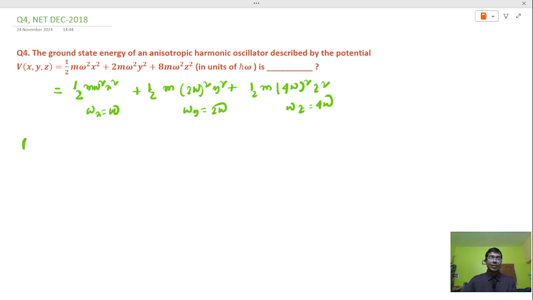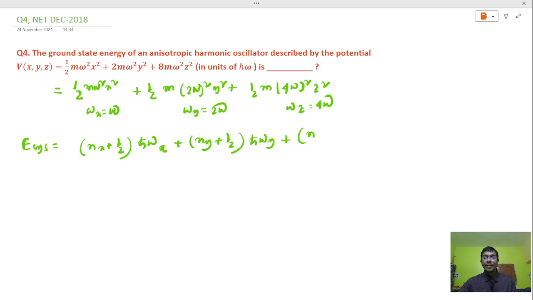Basically the energy of the system E is nx plus half h cross omega x, ny plus half h cross omega y, nz plus half h cross omega z.